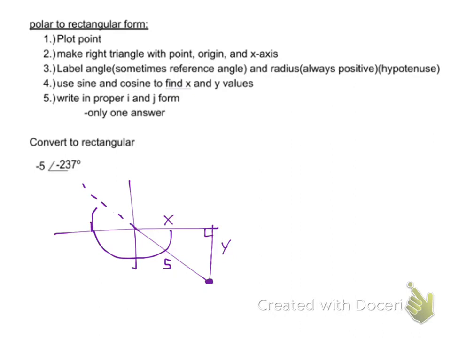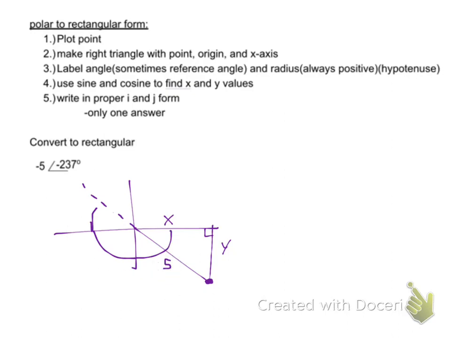Now, I got to find theta. That's this guy right here. What is theta? Reference angle. It is the reference angle. But I don't know if I have enough information right now, the way it looks, to tell me that angle. But I do know this one. What's this big one? 237 negative.